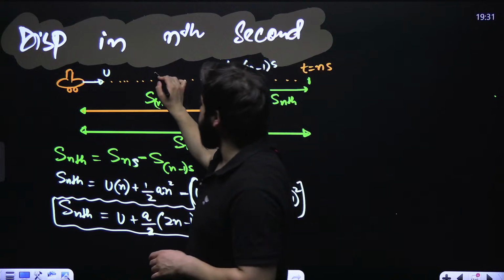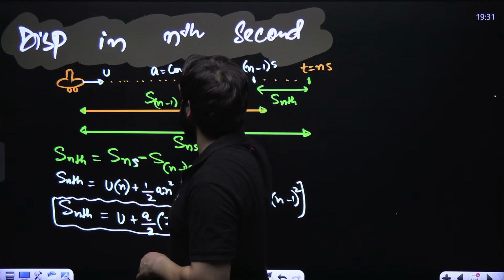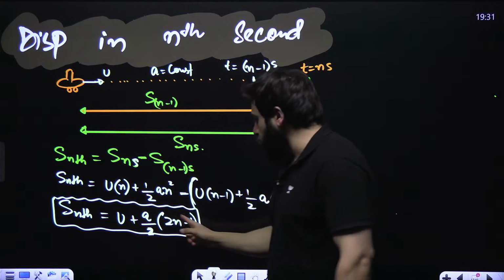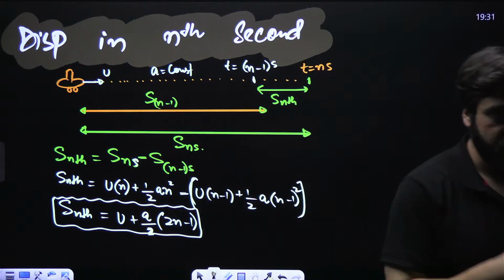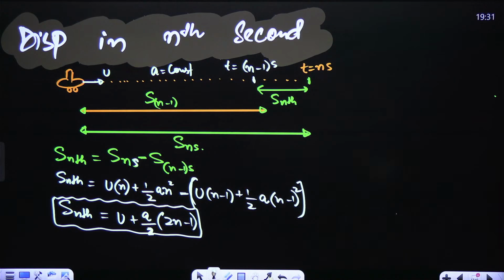Acceleration in this particular journey is constant. n is the nth second over here. Is this crystal clear? Please tell me in the chats.